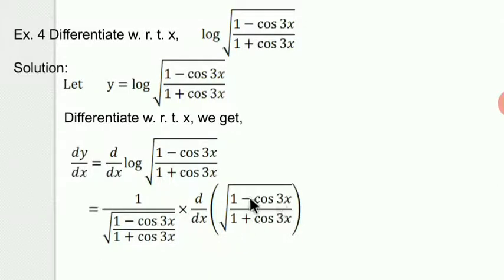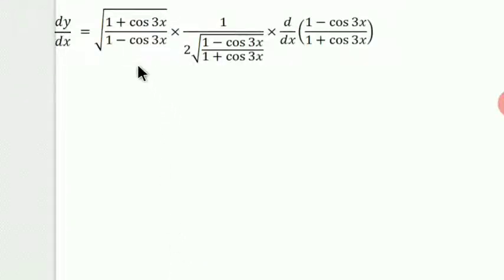And the derivative of this term is 1 upon 2 times the square root, into the derivative of the term inside the radical sign. So it is equal to square root of (1 plus cos 3x upon 1 minus cos 3x) into 1 upon 2 times square root of (1 minus cos 3x upon 1 plus cos 3x) into the derivative of the term inside the radical sign, which means (1 minus cos 3x upon 1 plus cos 3x). Now again its reciprocal goes for multiplication.